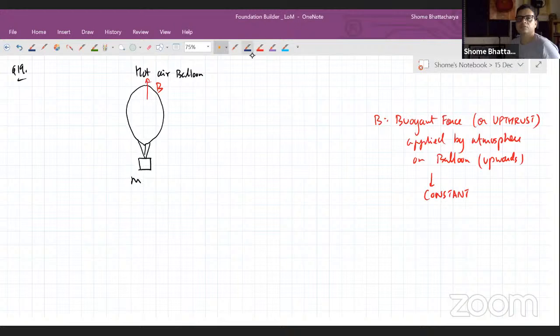So that's one force acting on the balloon, and obviously the weight of this thing is another force. We'll neglect the weight of the balloon itself because it's filled with helium, which is very light.